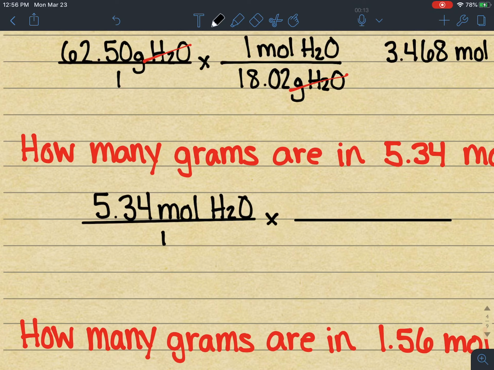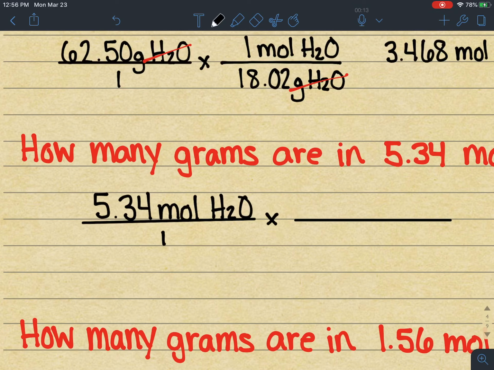All right, moving on. How many grams are in 1.56 moles of CaCl2? So again, starting off with that 1.56 moles of CaCl2, keeping in mind my final answer will only have 3 sig figs. I will have to take a minute to calculate the molar mass of CaCl2.